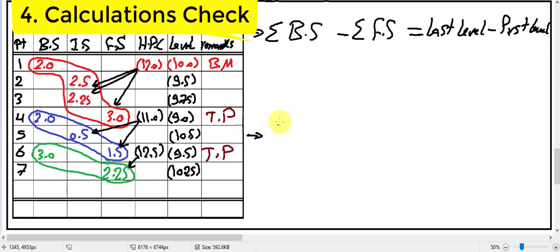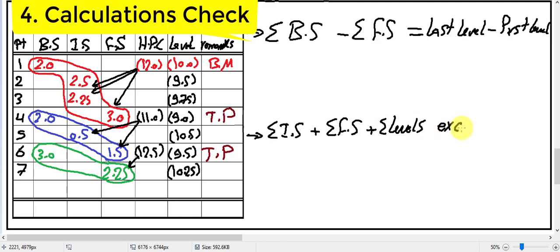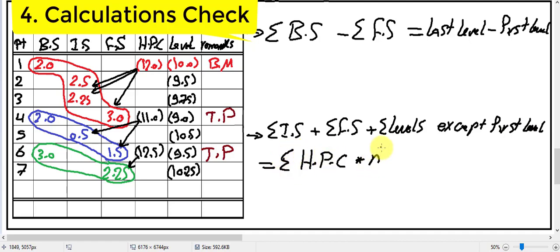The second equation is: summation of intermediate sight plus summation of foresight plus summation of levels except the first level must equal summation of HBC times the number of its uses.